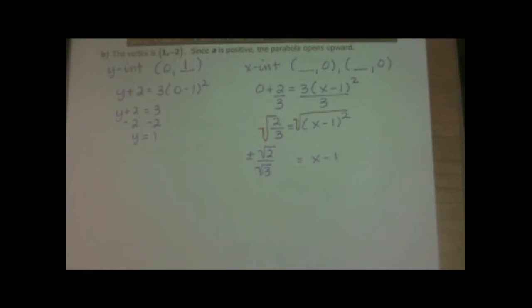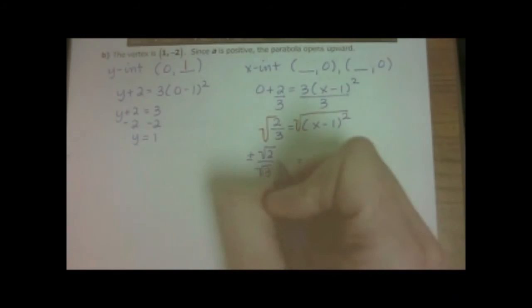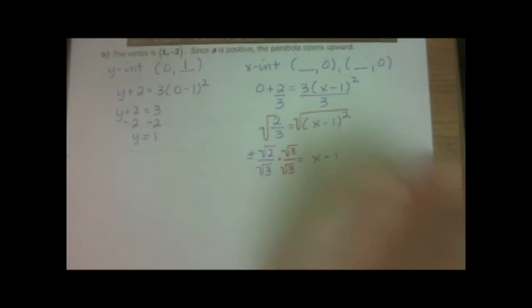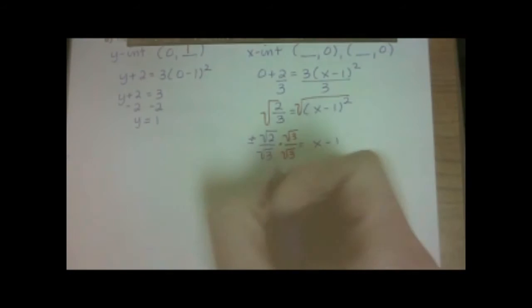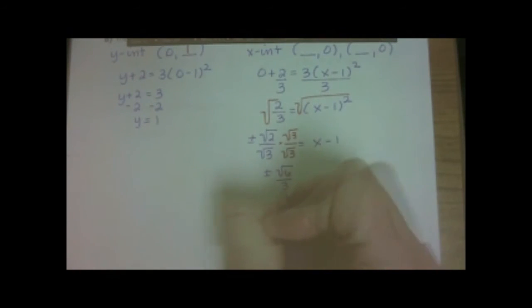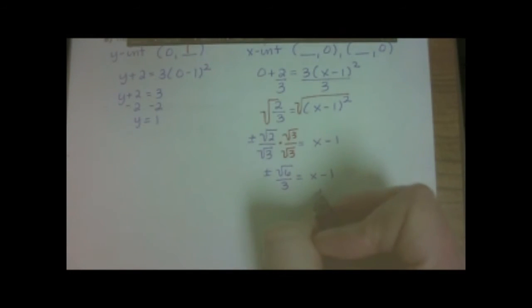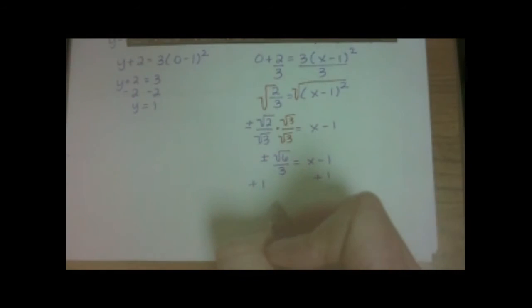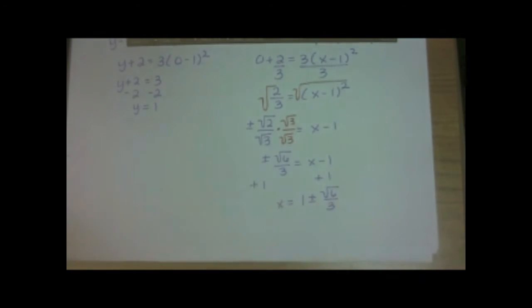Now I'm going to have to rationalize this denominator, so I may as well do it now by multiplying by the square root of 3 over the square root of 3. So really what I have is plus or minus the square root of 6 over 3 equals x minus 1. Add 1 to both sides. So I get x equals 1 plus or minus the square root of 6 over 3.